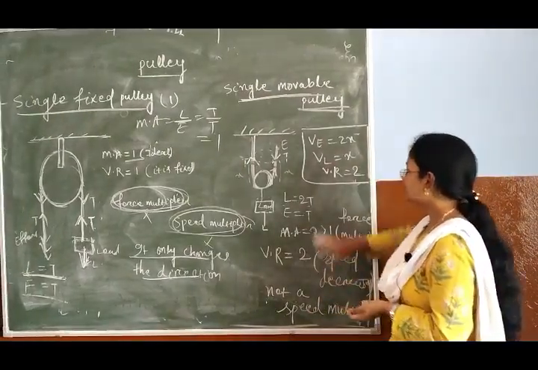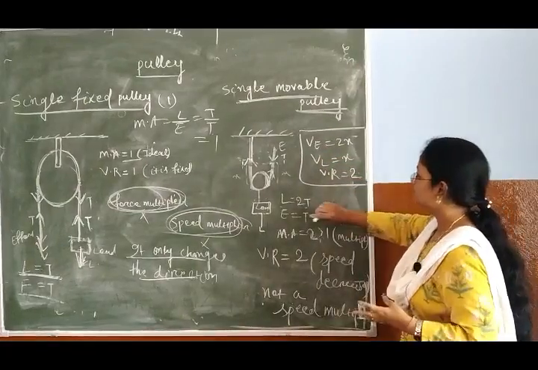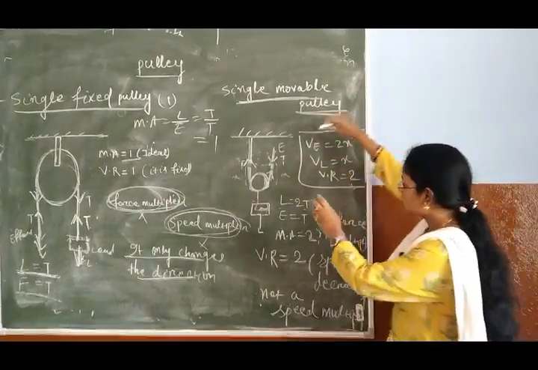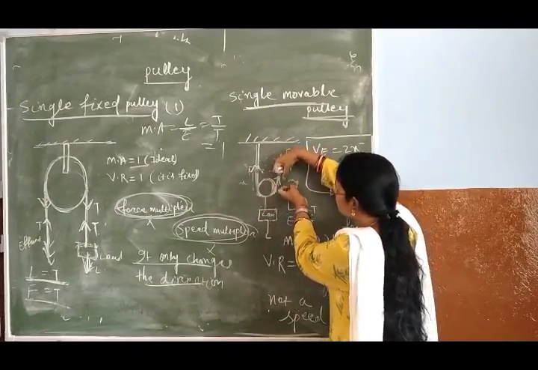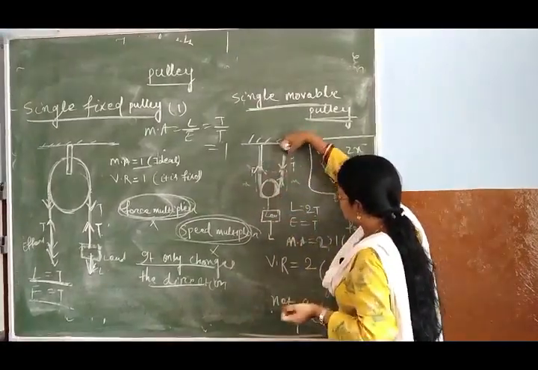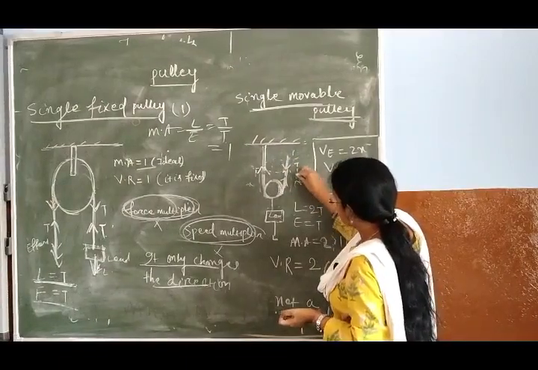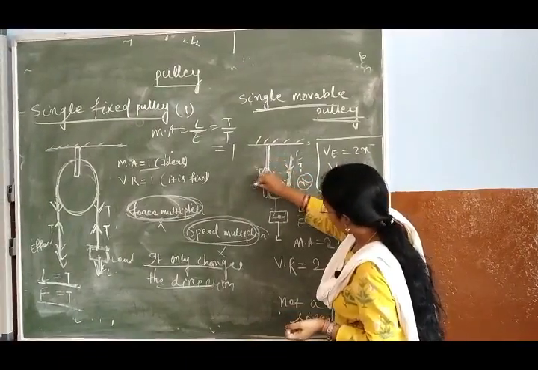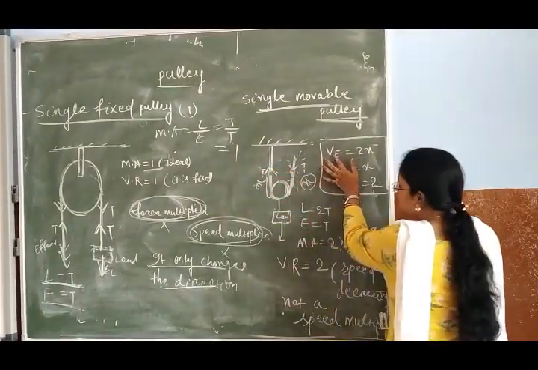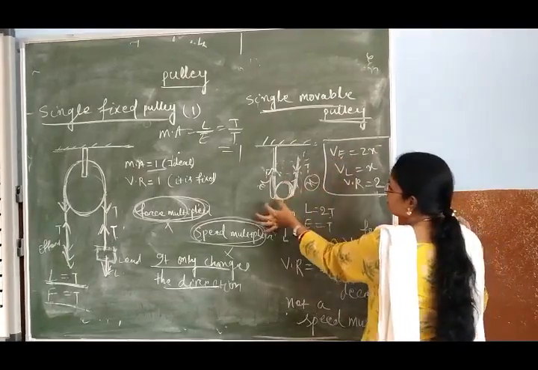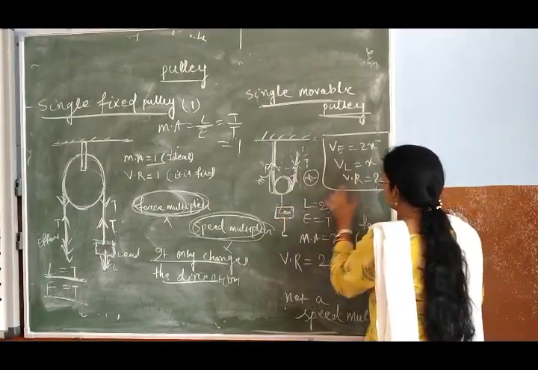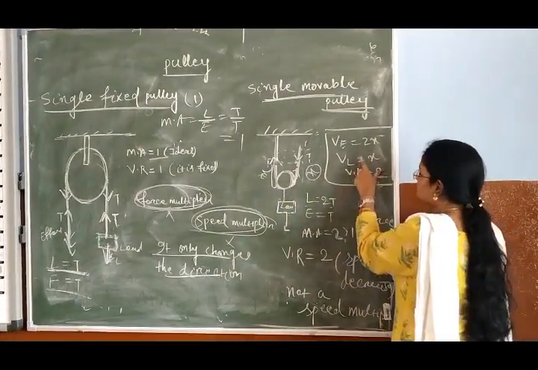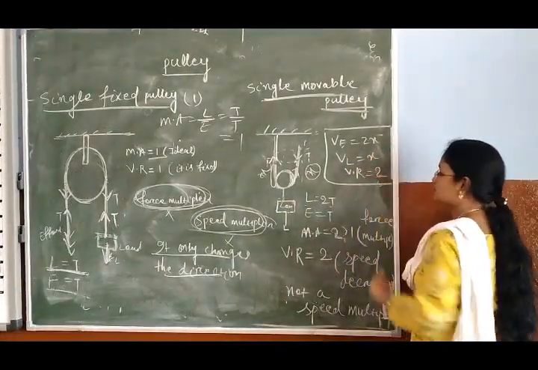Suppose you pull the effort in this direction and it moves a distance x. Then this side also moves distance x, so the effort moves 2x, but the load moves x. So the velocity ratio is 2x by x, that is 2.